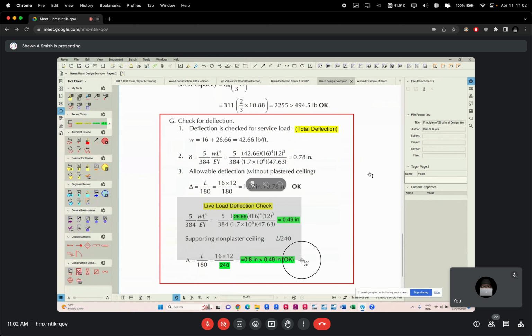Just because the total is okay doesn't mean that the live will be okay. Understand? It just works out this time that the live is okay. But there are scenarios where one is okay and the other is not. And it doesn't have to be the live. It could be the total not okay while the live is okay. It depends on the load. But the correct thing to do is to check both of them.